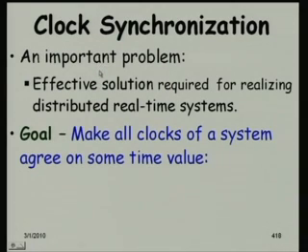Given that fact, how do we make clocks agree on some time value, so that we can know the precise time in the different nodes? One node can know the time at which some event occurred. For example, he was saying one of the events might be what was the load at some instant.